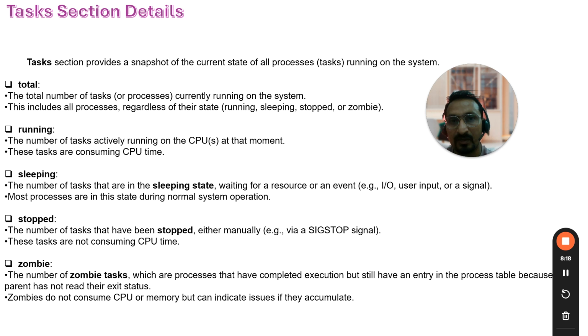That's the reason it has not been removed from the process table, right? Now one catch: a zombie process does not harm the CPU, but if you have a continuously increasing number of zombie processes, obviously that is an alert for you. We need to see why the parent process is not able to remove that process from the process list.